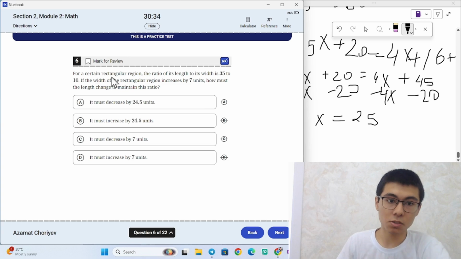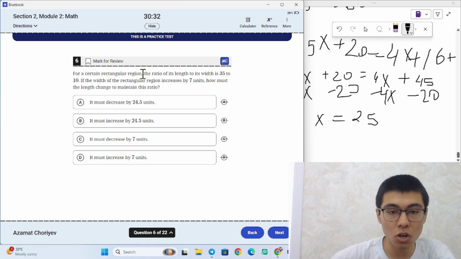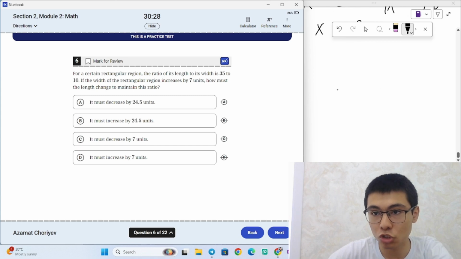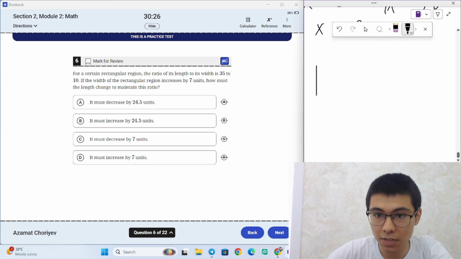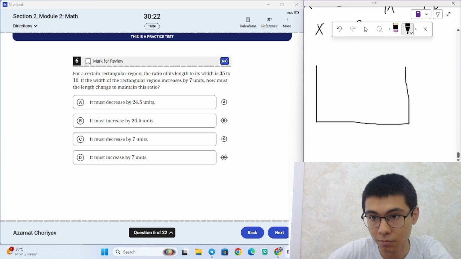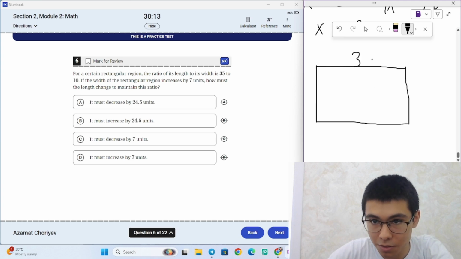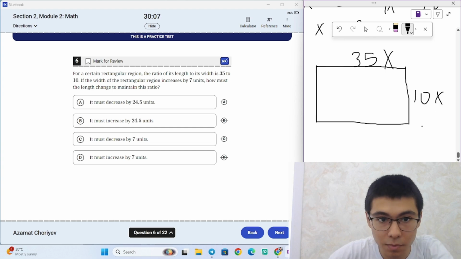So question number 6. For a certain rectangular region, the ratio of its length to width is 35 to 10. I'm gonna draw that here. So here we have a rectangle. It's not a perfect rectangle, but still, I'm trying my best. This one is 35x and this is 10x.